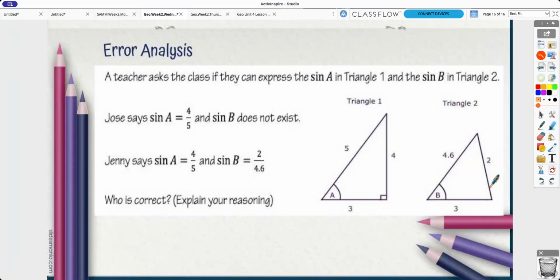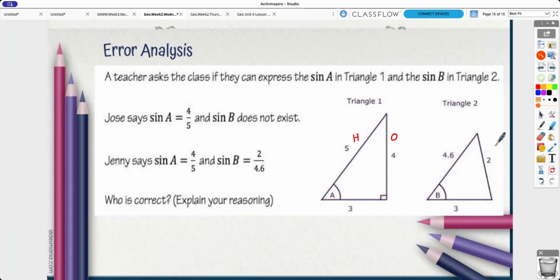If you say Jose is correct, then you are right. Sine A is indeed 4 over 5 because that's the opposite side and that's the hypotenuse. So sine is O over H. But triangle 2 is not a right triangle, so we cannot use SOHCAHTOA in triangle 2.